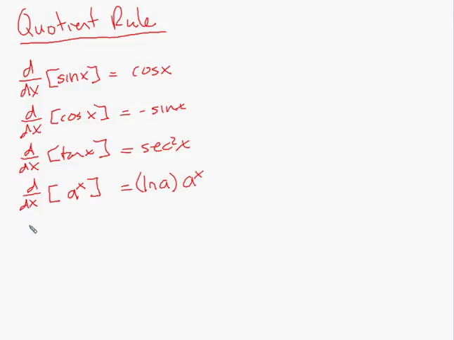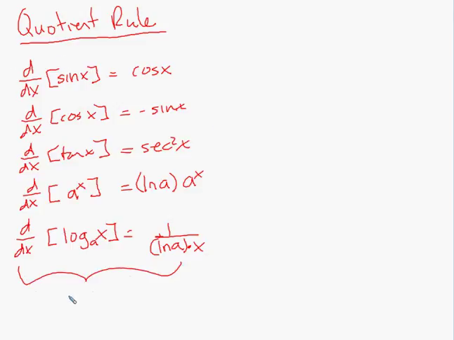And just to throw in one other one: if I have log base a of x, that is going to be 1 over natural log of a times x. So these, so far, you just memorize.